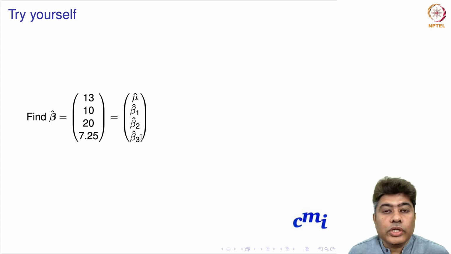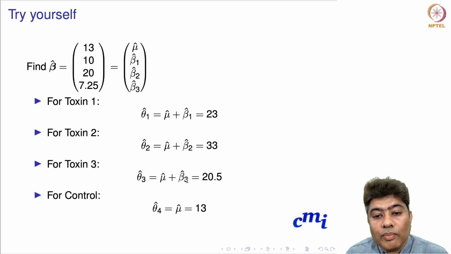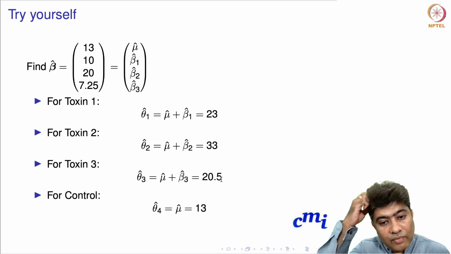I hope your solution matches mine. For toxin 1, theta 1 hat is mu hat plus beta 1 hat, which is 23. For toxin 2, theta 2 hat is mu hat plus beta 2 hat, which is 33. For toxin 3, theta 3 hat is mu hat plus beta 3 hat, which is 20.5.